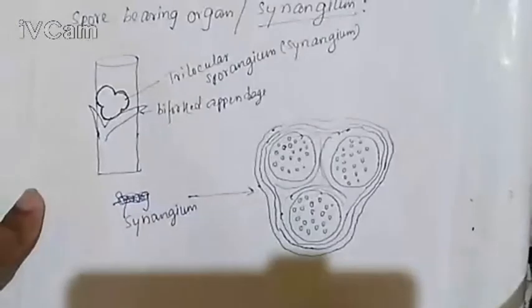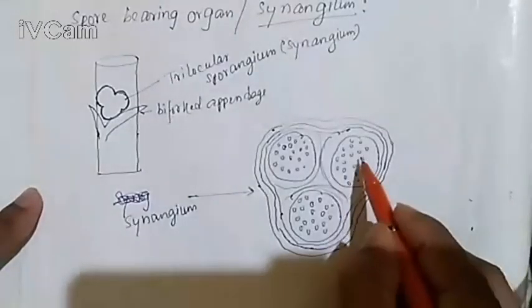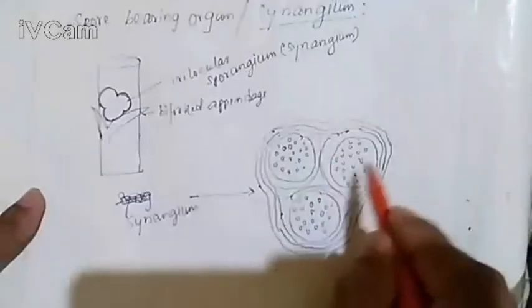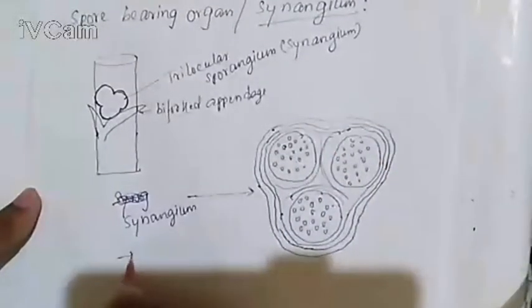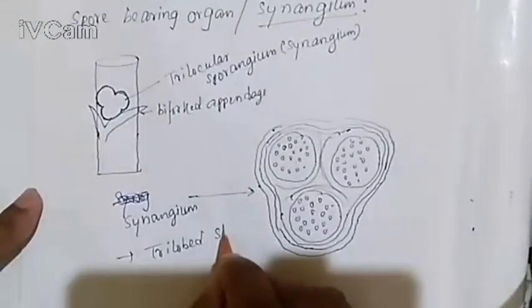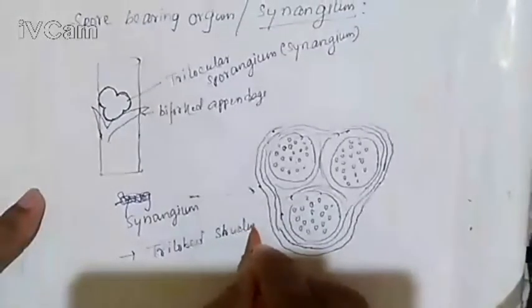Now the characters. Number one, the sporangium is trilobed. If you look here, three separate chambers are present, so it is a trilobed structure.